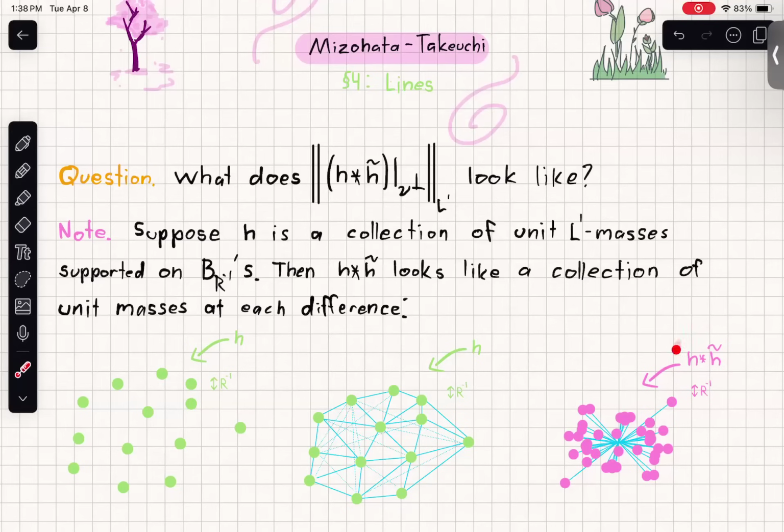And this is what we should think of as H convolved with H tilde, or a difference between two sets. In summary, we looked at this difference set and all these difference vectors, and we just put them here and then put pink dots on them so that we can see them better. Okay, so then we want to step by step analyze the extra thing. So then we're going to restrict it to this and then we're going to look at L1 norms.